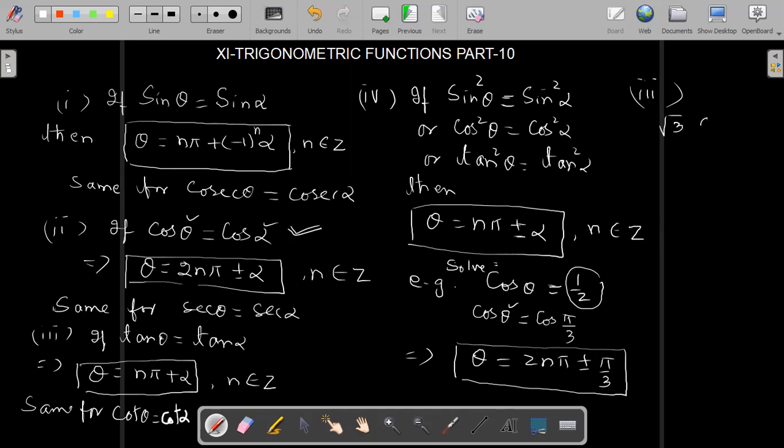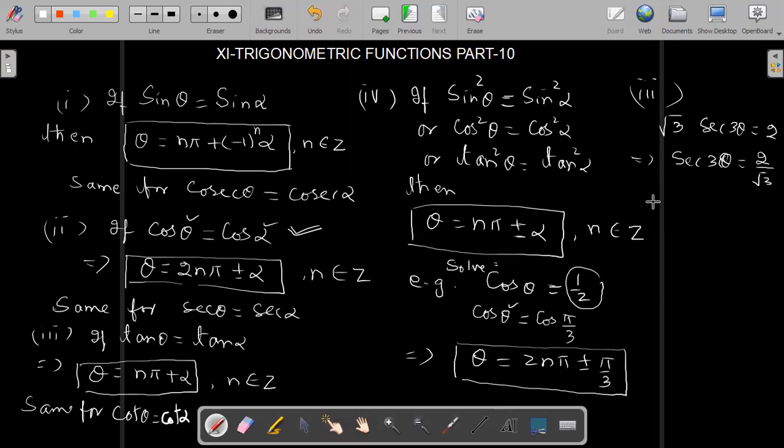Like in this question, sec 3 theta is equal to 2. You bring all other numbers to the right-hand side and check the standard value of sec theta at 2 by root 3. You should remember the values. Sec theta is 2 by root 3.